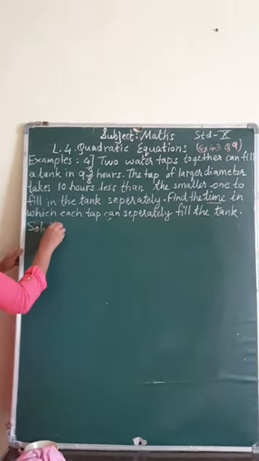Transposing this to this side we get minus 150x, and transposing minus 750 to the other side we get plus 750 is equal to 0. So the final equation here we get is 8x square minus 230x plus 750 is equal to 0.